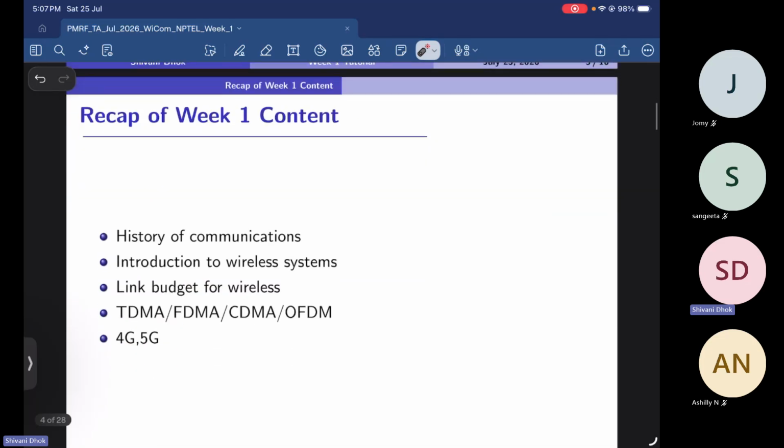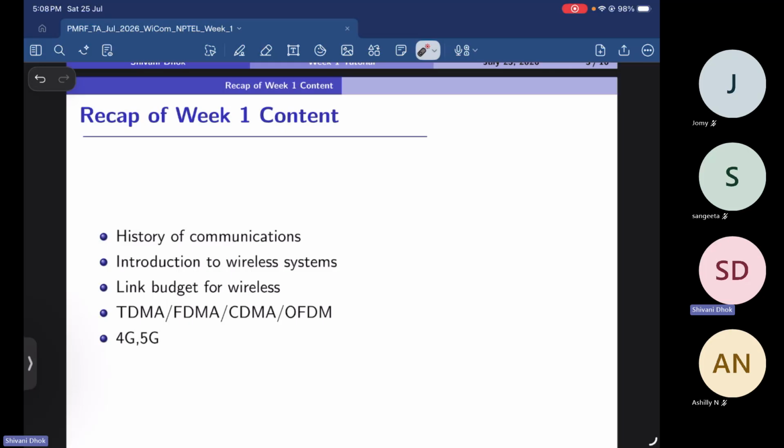This particular week was a very general, high level overview of wireless communication. Rather, it was like a motivation week, explaining why we need to study this wireless communication technology.